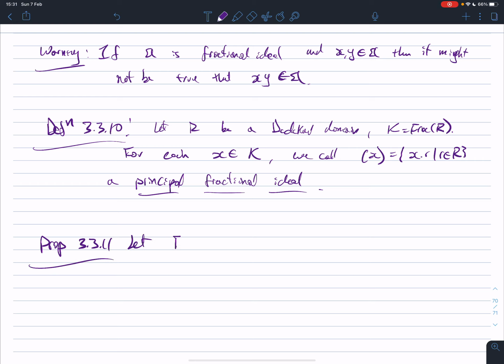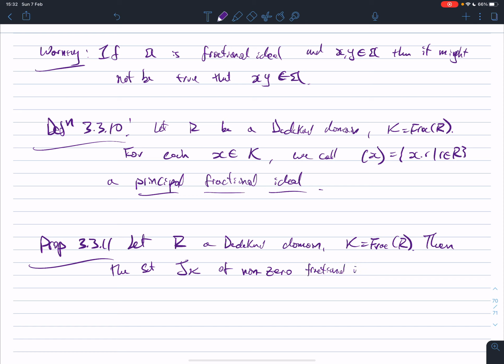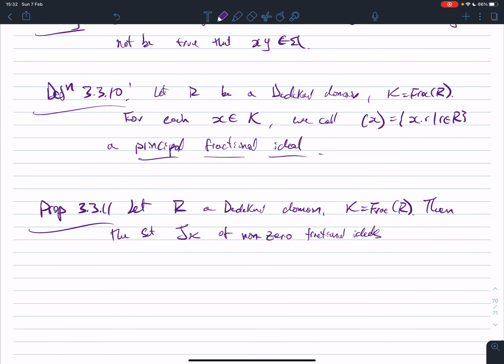So the usual setup: R a Dedekind domain, K equals Frac R. Then I'm going to give this a name. The set I_K of non-zero fractional ideals forms a group under multiplication.